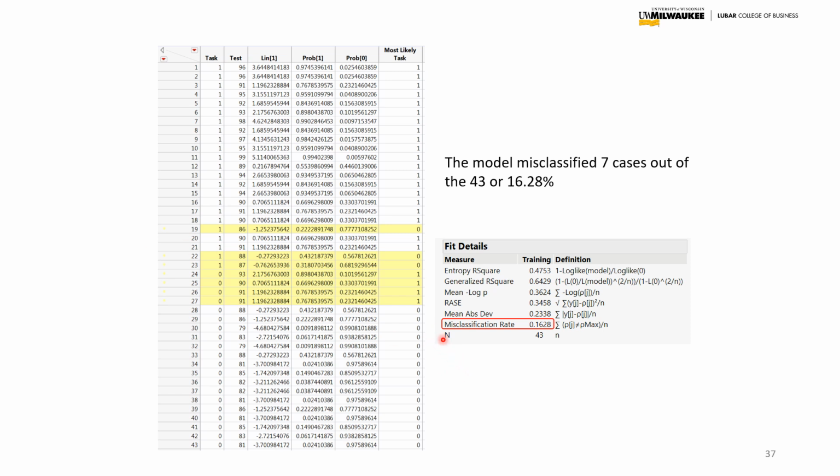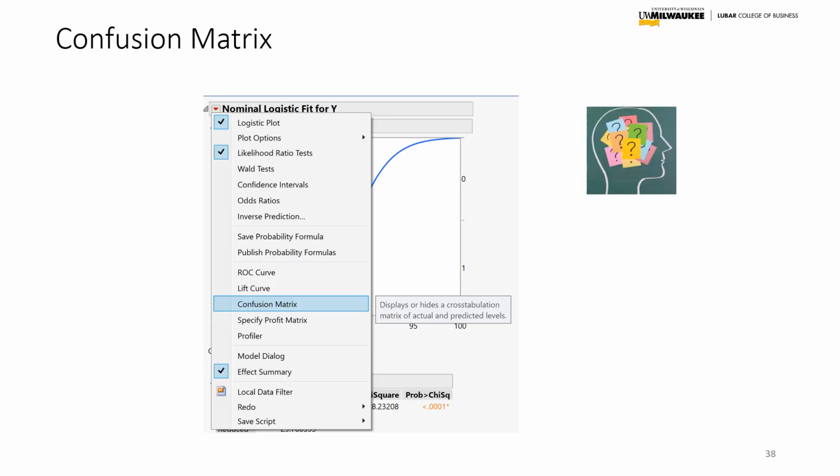And indeed, this is what JMP reports under the fit details of the logistic regression. Okay, so based on this threshold of 50%, the model has misclassified 7 individuals out of the 43 to have that 16% or so misclassification rate.